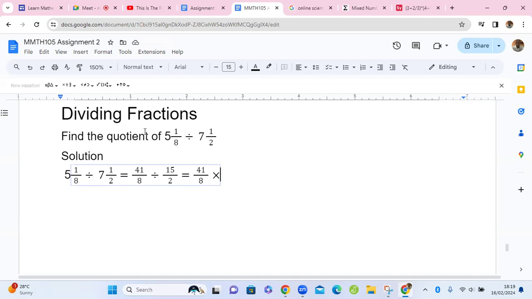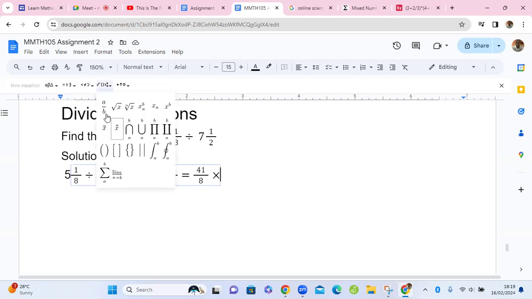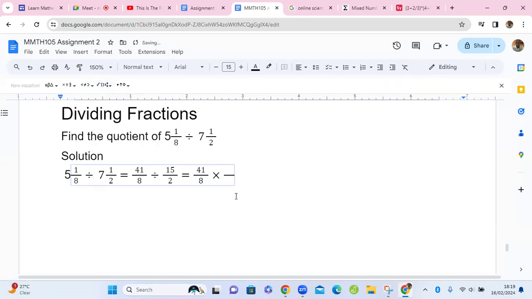So 15 over 2 becomes 2 over 15. So technically you're changing a division into a multiplication. Dividing by 15 over 2 is like multiplying by 2 over 15, if you want to put it that way.